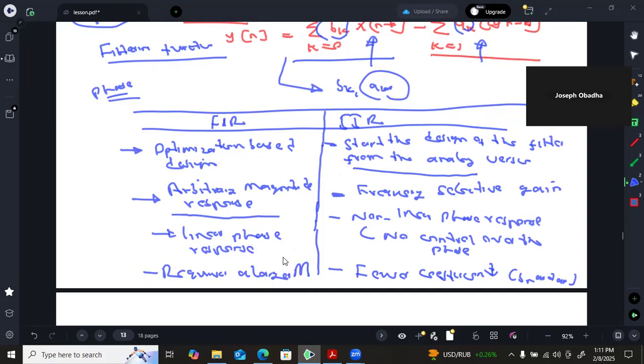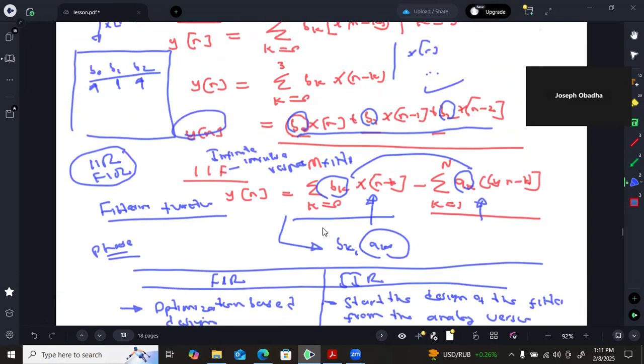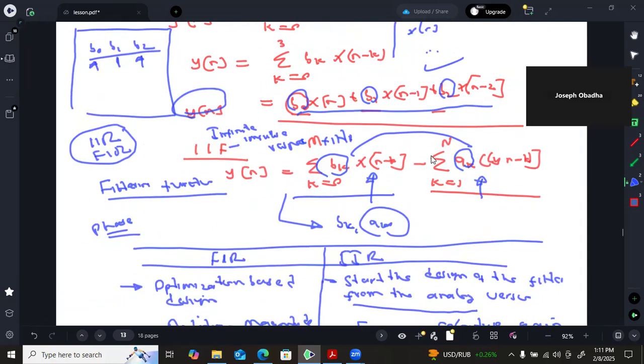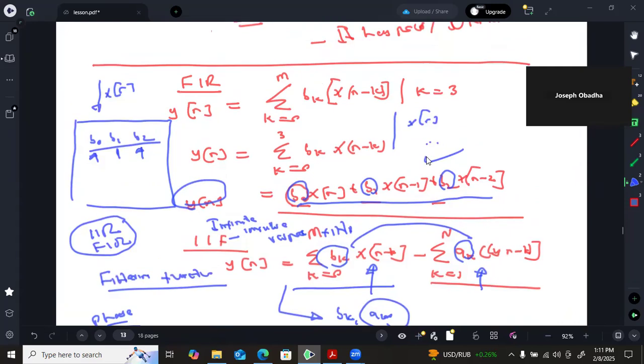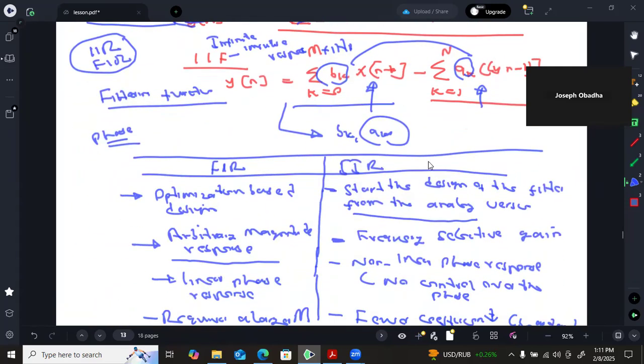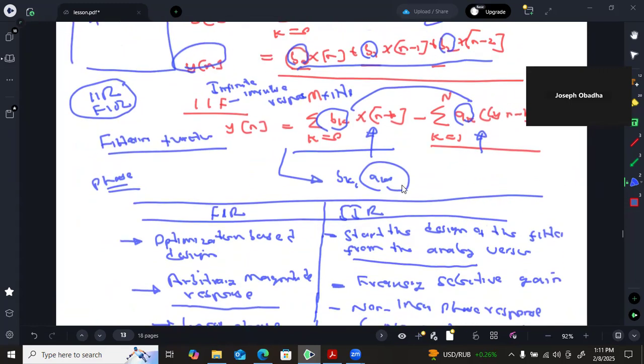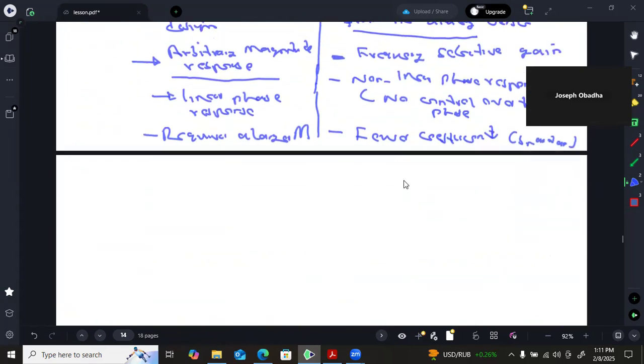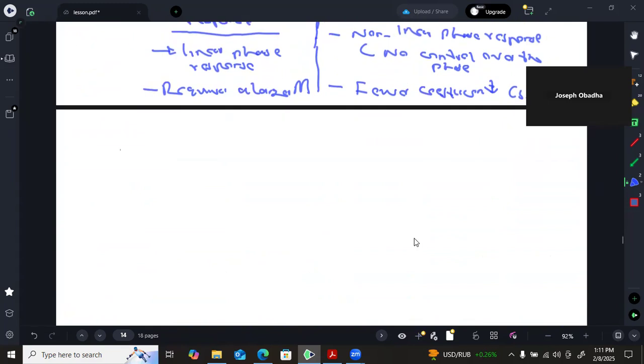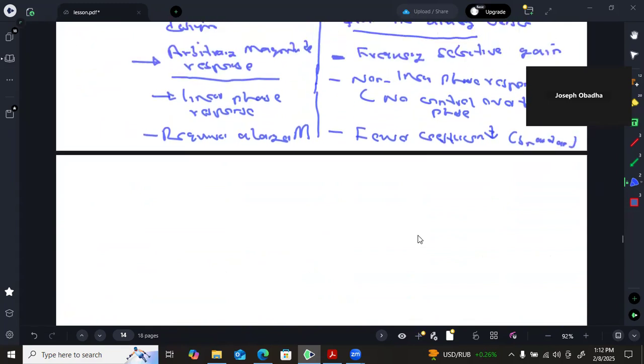So these filters have different types and ways of designing them, and whichever is to be designed depends on the problem which needs to be solved. The realizations also depend on how we realize each of these filters.